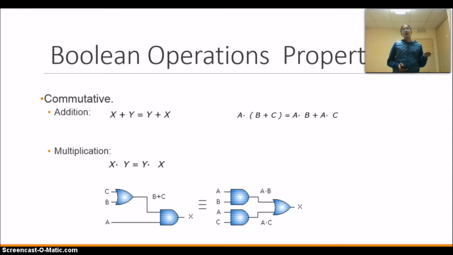In addition, it means that it doesn't matter how we order the factors that appear in the addition, the result is always going to be the same. In the multiplication, it is the same as the addition. The order of the factors is not going to interfere with our outputs.